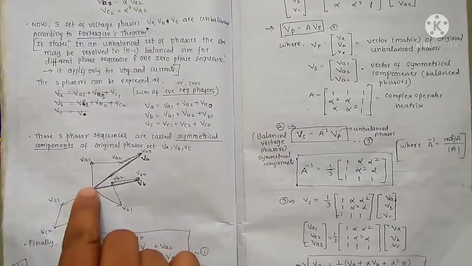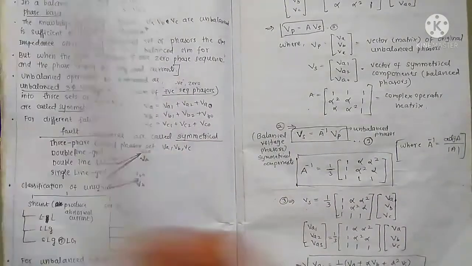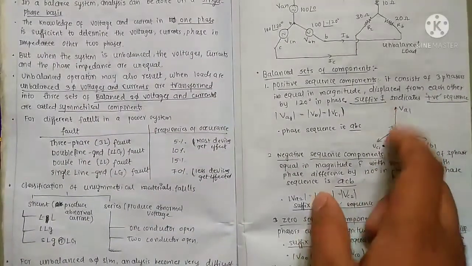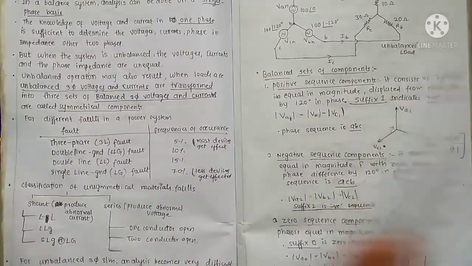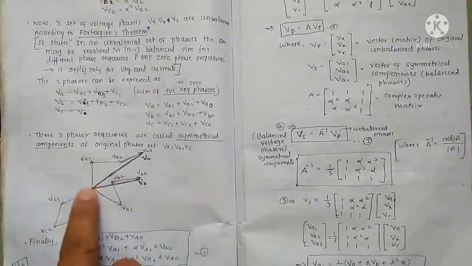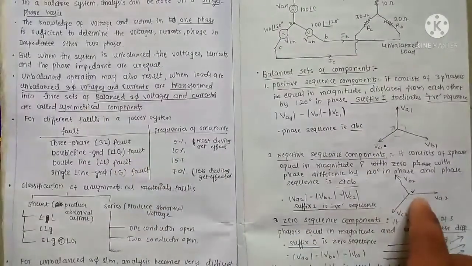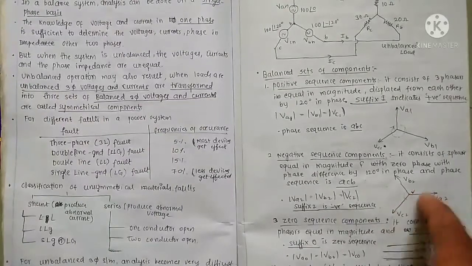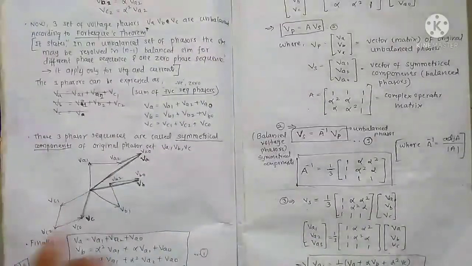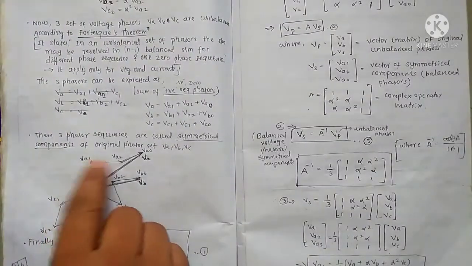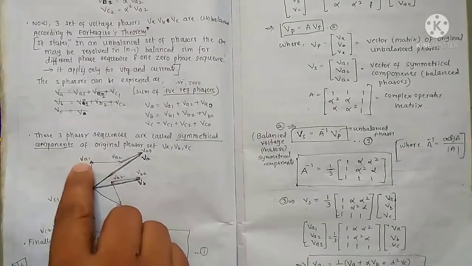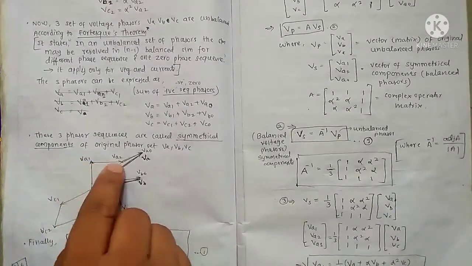First draw the positive sequence, exactly a reflection of this: VA1, VB1, VC1. Now see here, VA2 is horizontal, right? VA2 is the same reference vector as VA1.